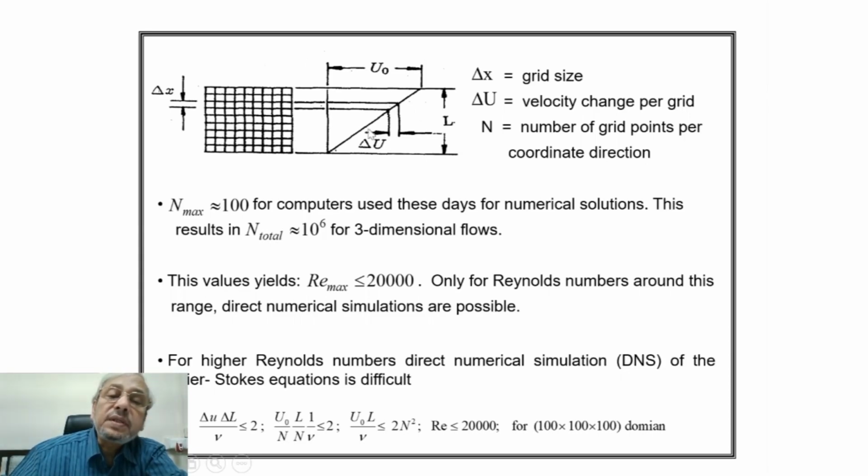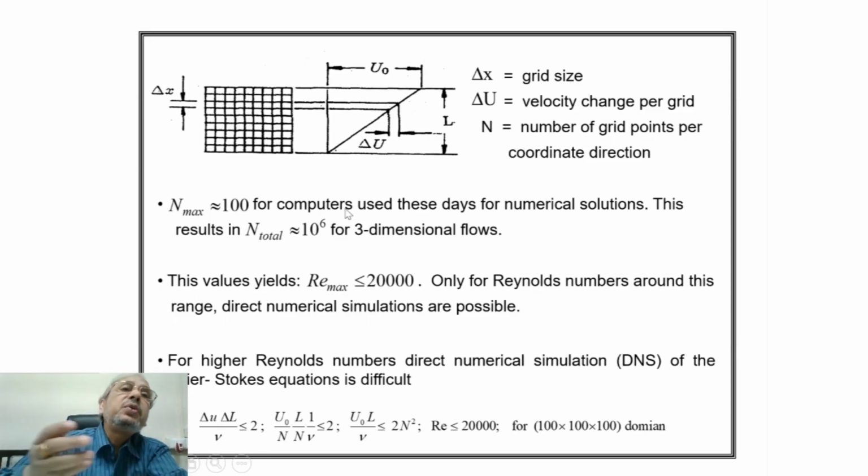So velocity is increasing, delta u is the velocity increase across the normal, perpendicular direction. And this is the grid size delta x. So delta x is the grid size, delta u is the velocity change, and n is the number of grid points per coordinate direction.